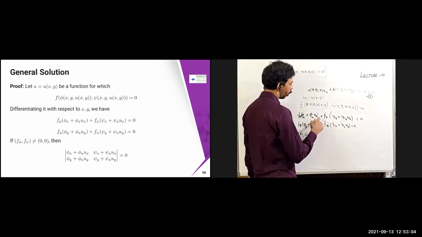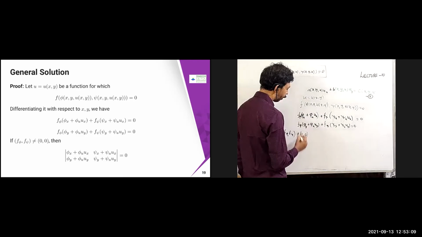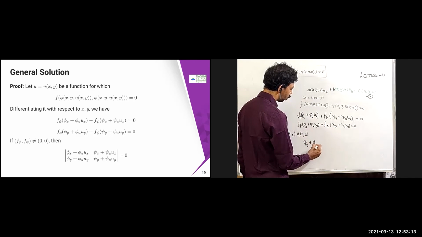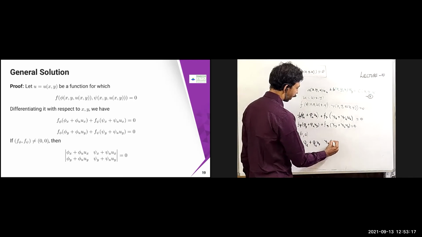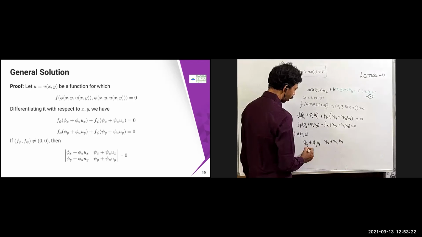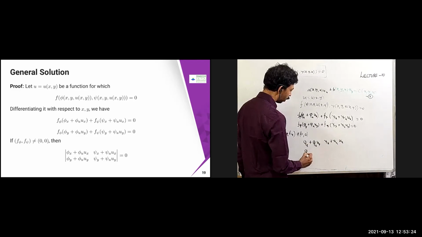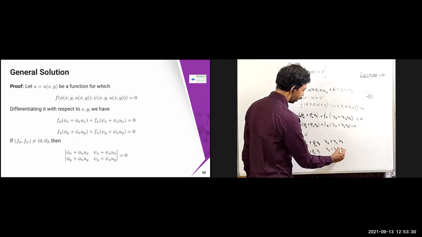This is going to be a determinant. If I write this in matrix form: pi x plus pi u into ux, psi x plus psi u into ux; and pi y plus pi u into uy, psi y plus psi u into uy.